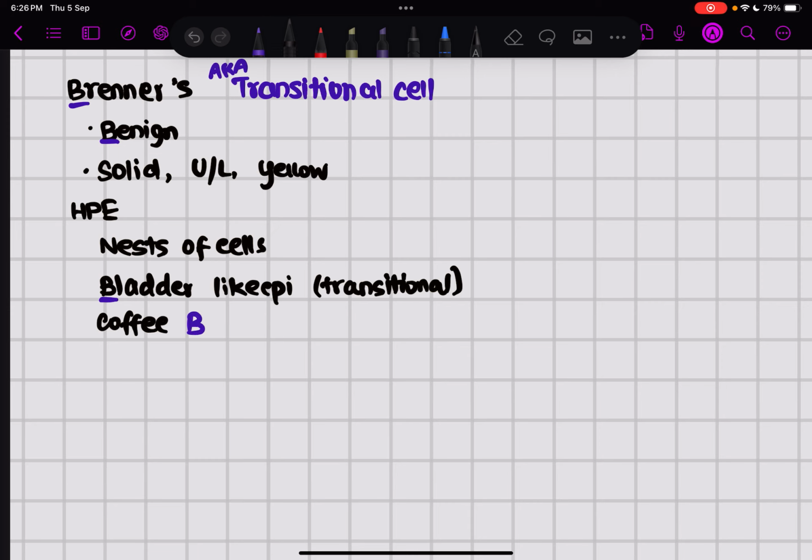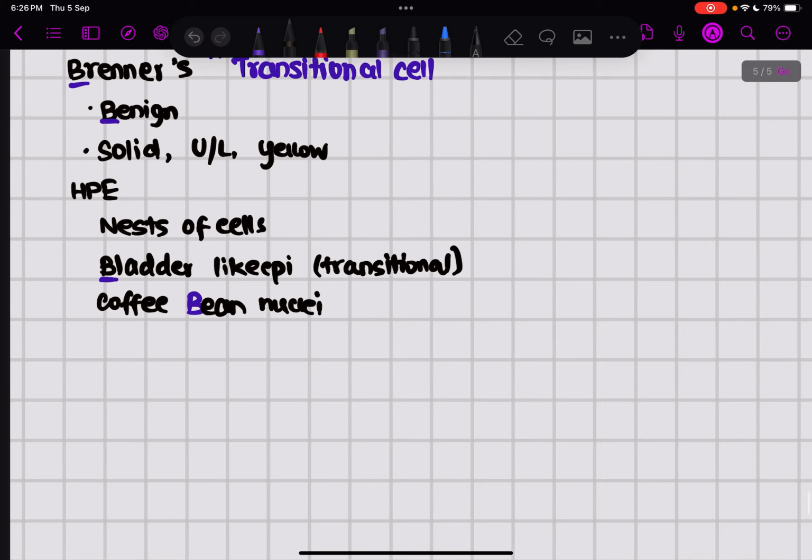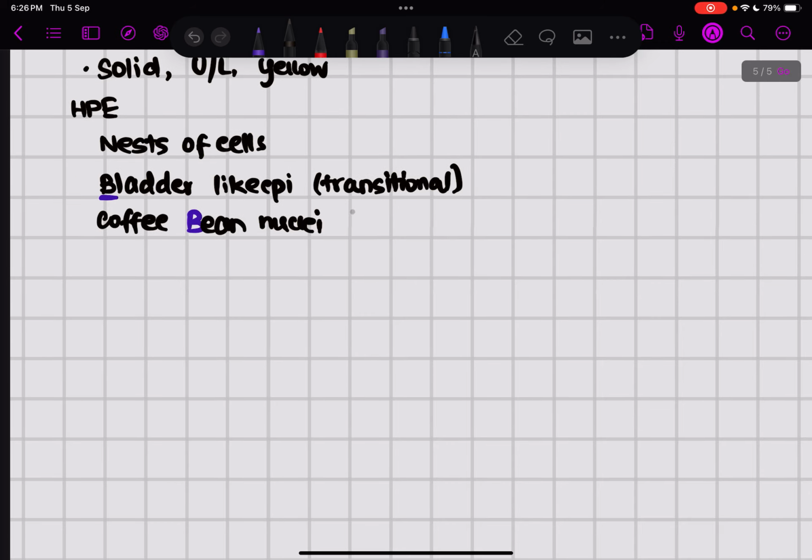Coffee bean nuclei are basically seen in granulosa cell tumor and Brenner's tumor. We will see the whole list later.